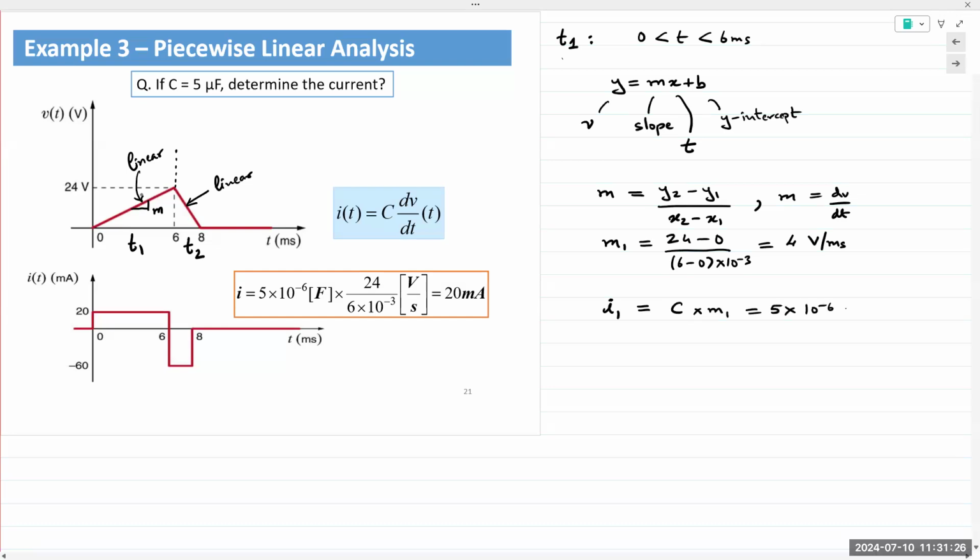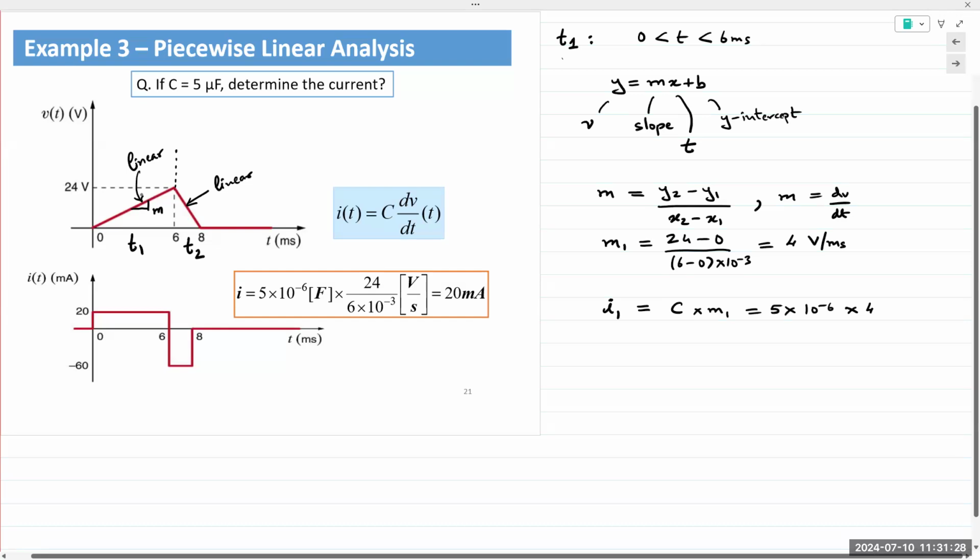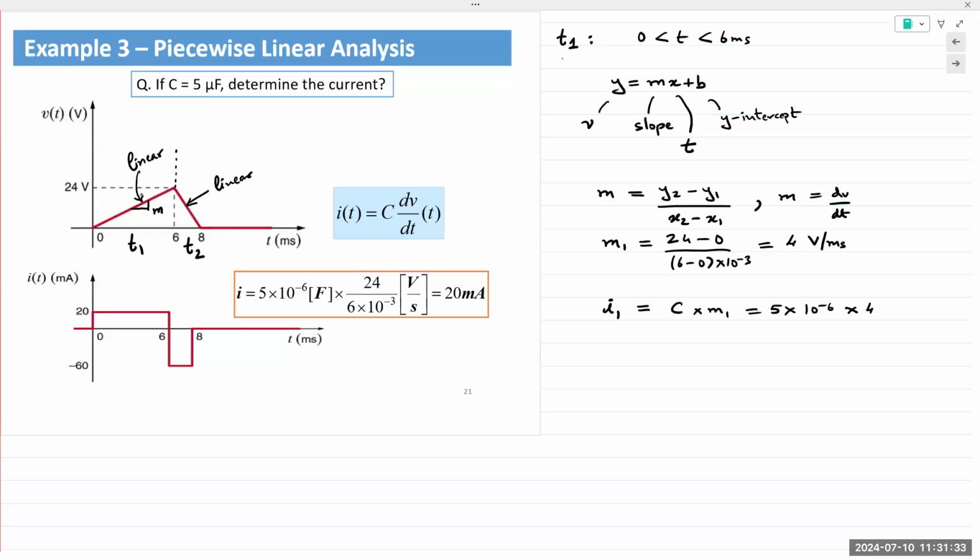Five microfarads times 4 volts per millisecond gives me 20.